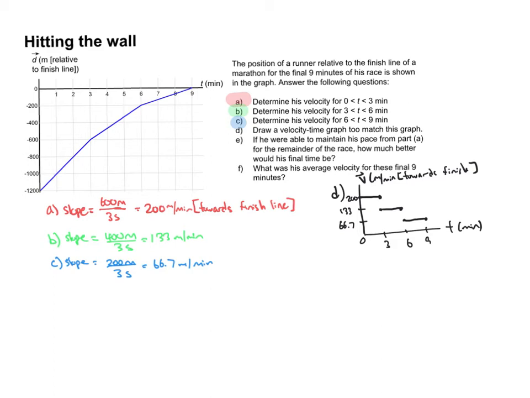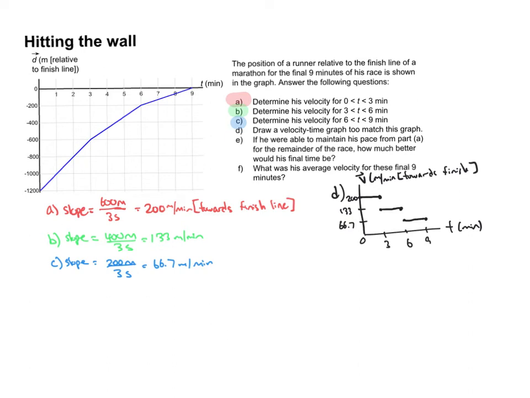If I can find my draw line. Is there a draw line? Here we go. Draw a line. If he was going to maintain the pace from the first 3 seconds, well, then that straight line segment for those first 3 segments would just continue with the same slope.